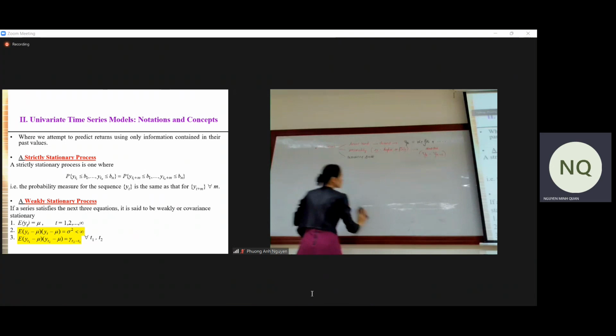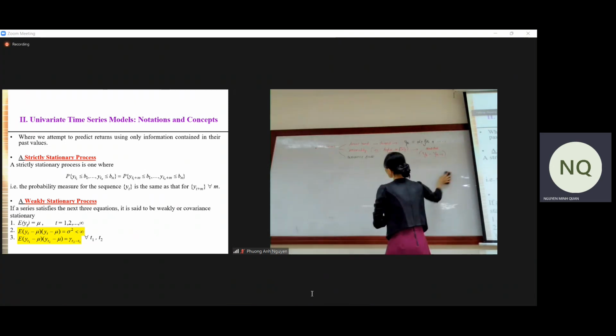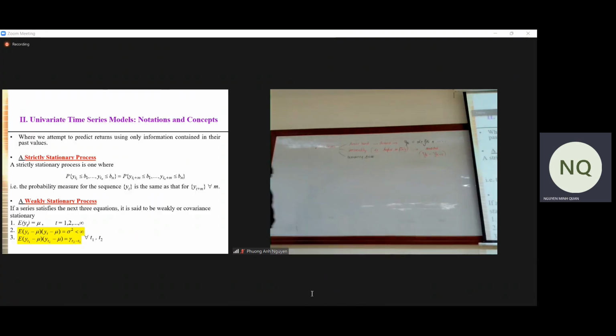So we mainly use the weakly stationary series. Is there any series that has the strictly stationary property? I think that we work with the weak one more often, and the strict one is more theoretical.